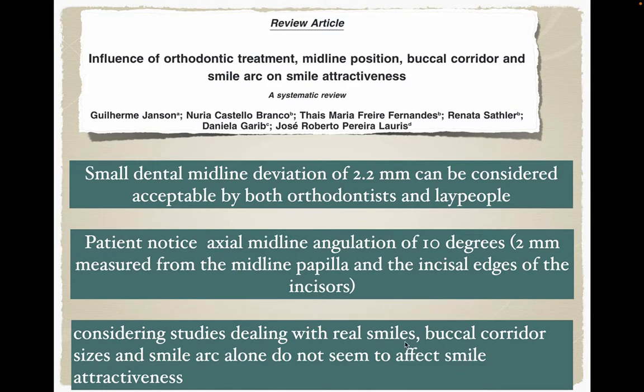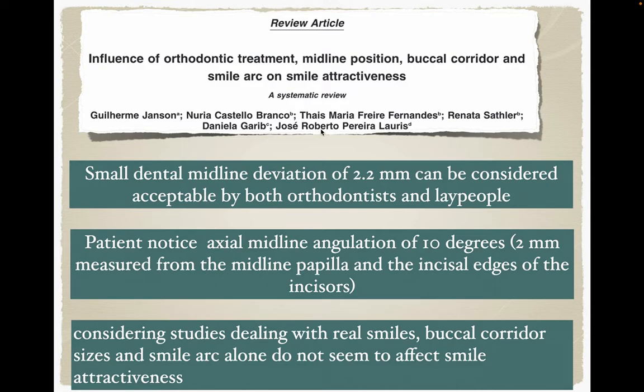However, when they evaluated the buccal corridor and the smile arc, they found it does not really affect the attractiveness of the smile. However, other studies found that the smile arc is the most important factor in smile analysis, even more important than midline and buccal corridor. That's again depending on the sample that is being picked.